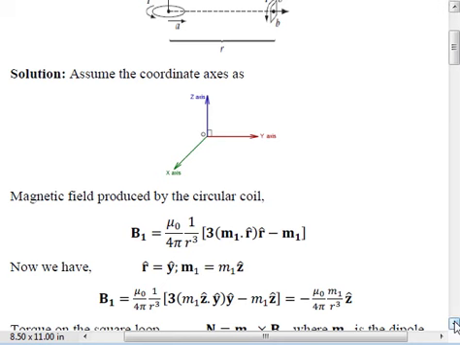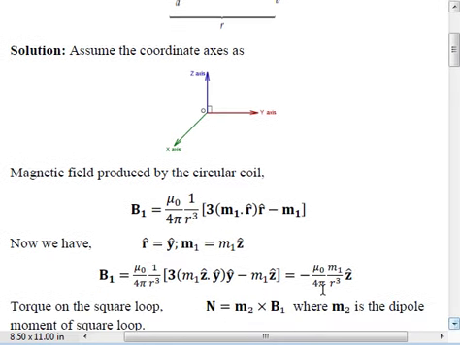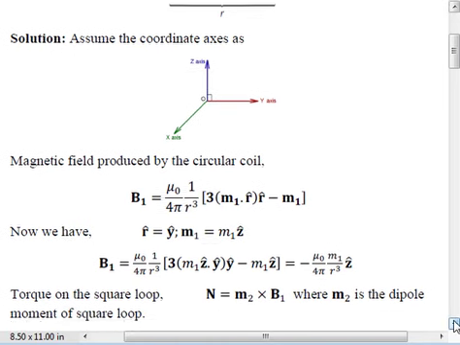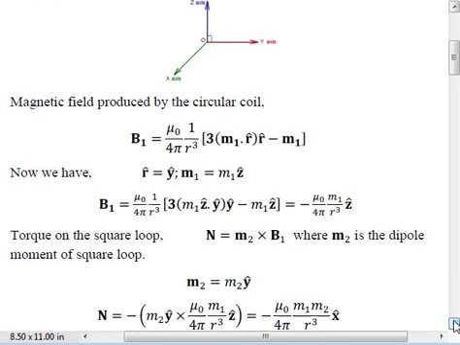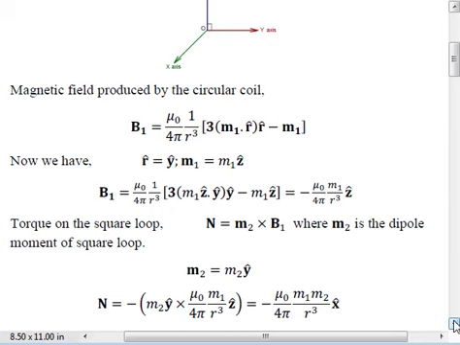That torque, say N, is equal to m cross B, which here becomes m2 cross B1, where m2 is the magnetic dipole moment of the square loop and B1 is the magnetic field produced by the circular loop at the position of the square loop. Now m2 is equal to m2 into y cap, because the dipole moment of the square loop is along the y direction. Therefore N is equal to m2 y cap cross B1.